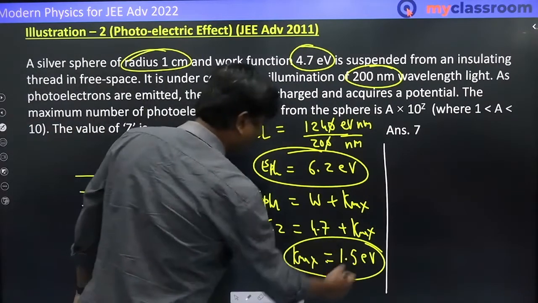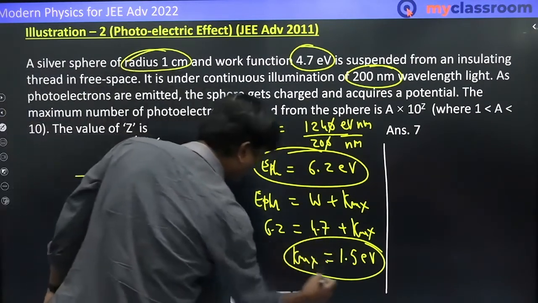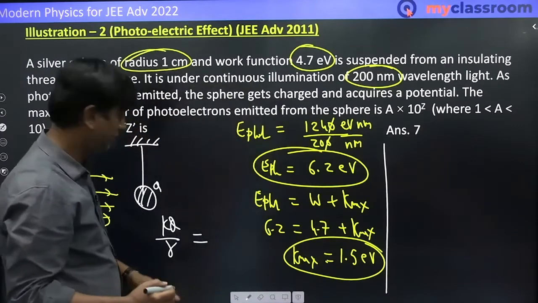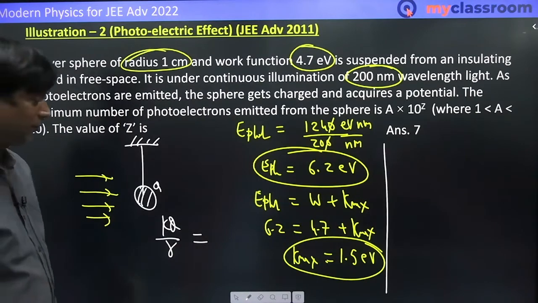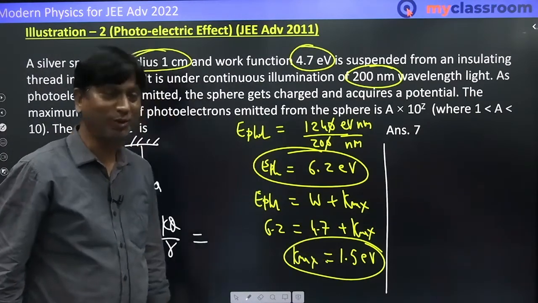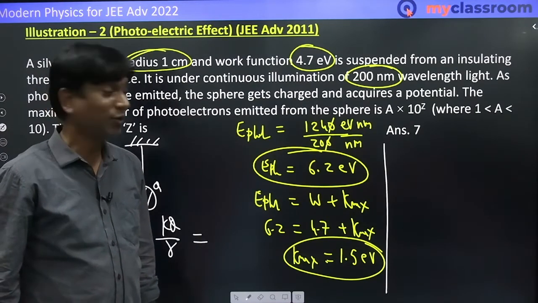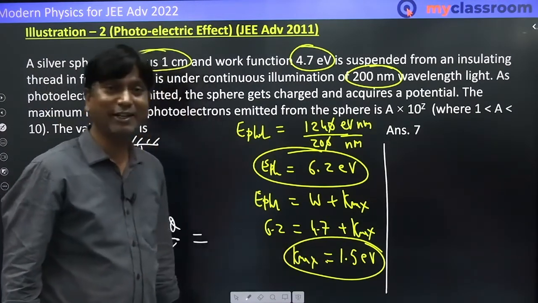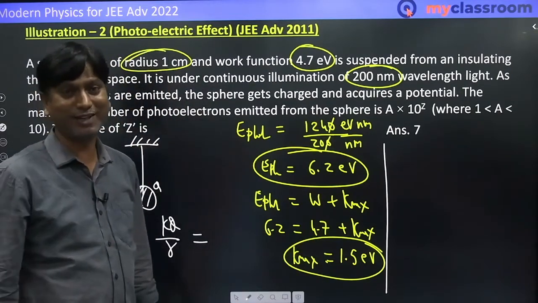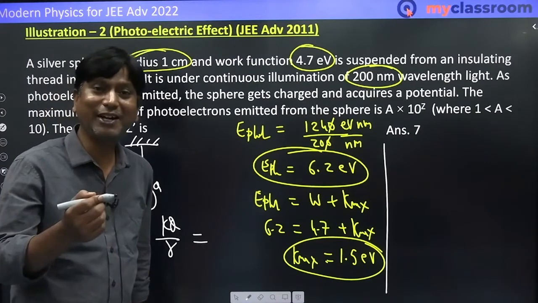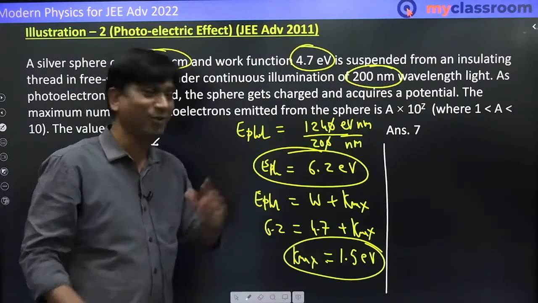So for kinetic energy K max of 1.5 electron volts, what is the related potential? It is in electron volts, and it is electrons that are escaping. When electrons are accelerated under a potential difference of 1.5 volts, they acquire a kinetic energy of 1.5 electron volts.